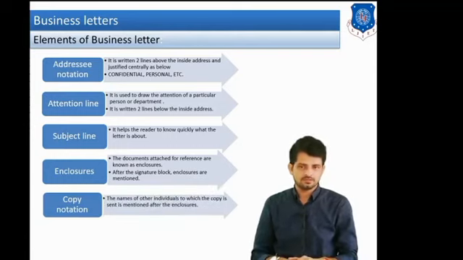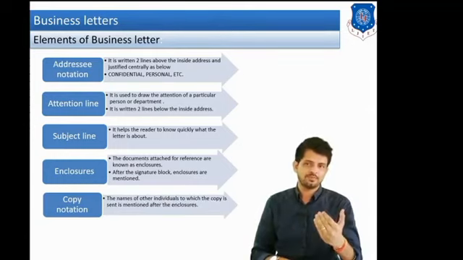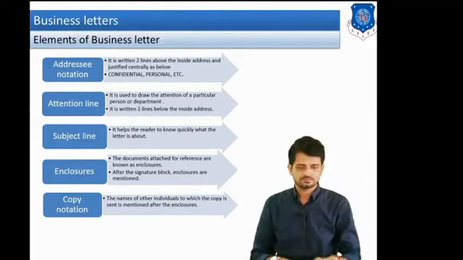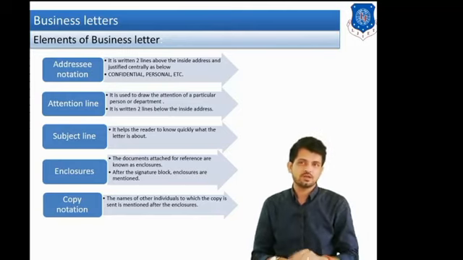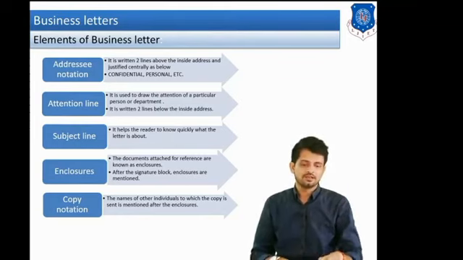Then copy notation. The names to whom you are sending a carbon copy of the same letter are to be mentioned here. Okay. For example, if you are writing a letter to a particular manager of a company, and you are also forwarding the same letter to another employee of the same company, then you have to also write carbon copy to and the name of that person, right?